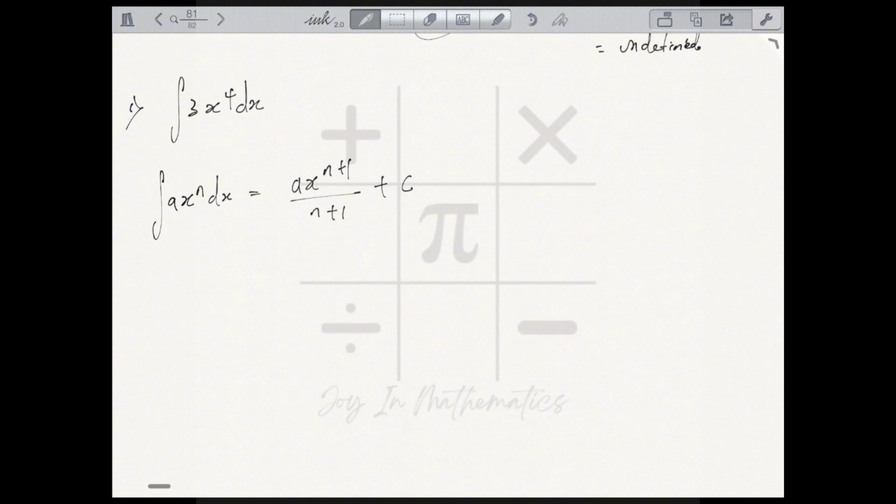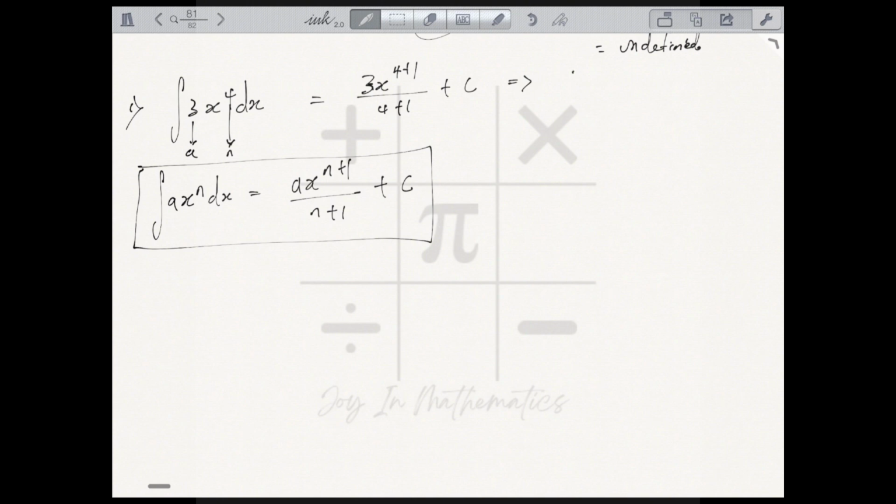Now in this case, a is equals to 3 and n is equals to 4. Therefore, following the principle, our a is 3 multiplied by x, and the n, which is 4 plus 1, divided by 4 plus 1, plus c. Now this will give us 3x raised to power 5 over 5 plus c.